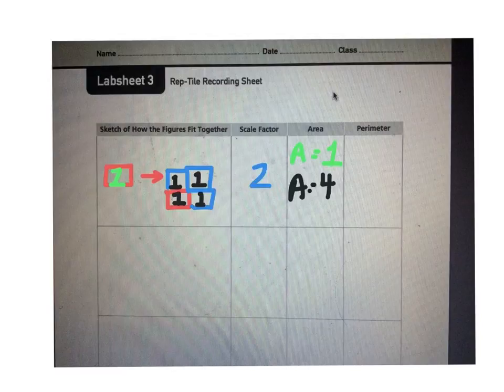And then the perimeter, again, is the distance around, so if the side of the figure is each 1 unit, the original perimeter is 4, and then the perimeter of the copied image, you'll notice, is double, which is 8 units. So this is how you would take notes for the first reptile that you just saw.